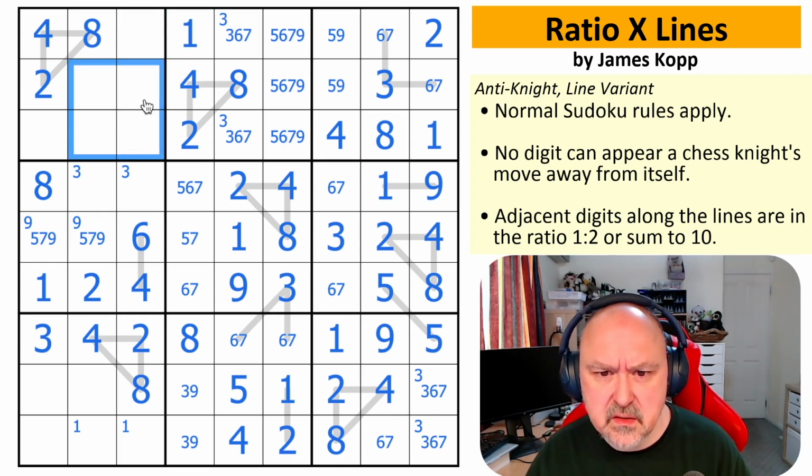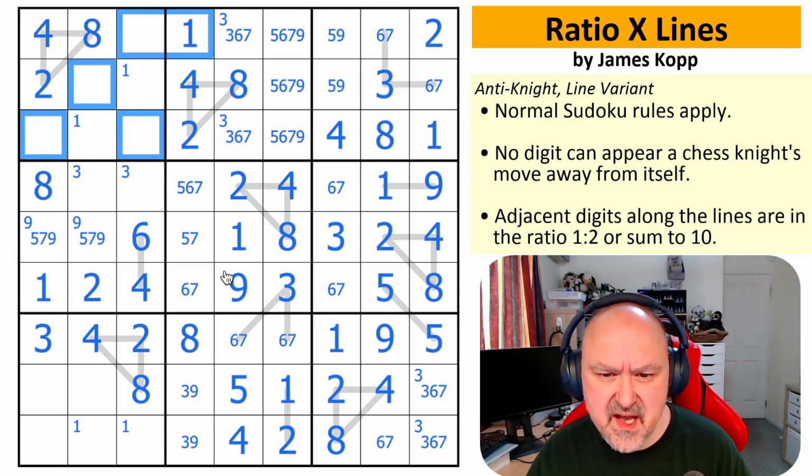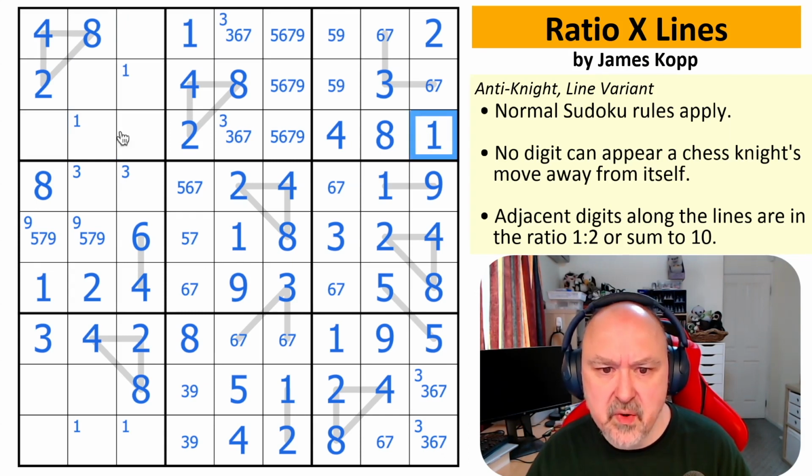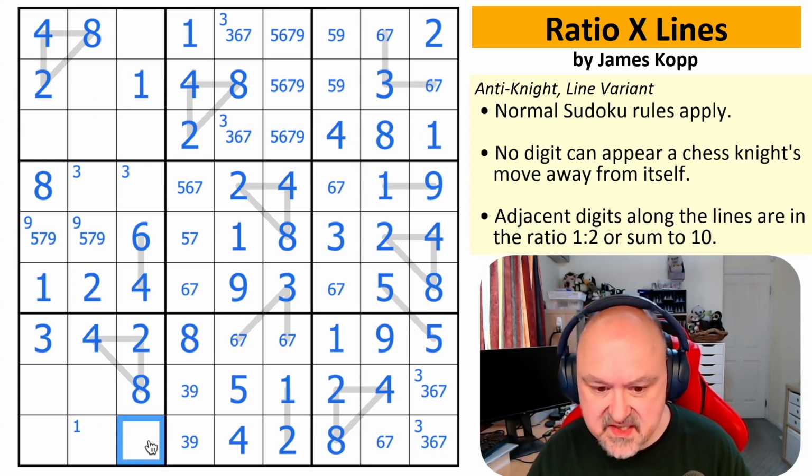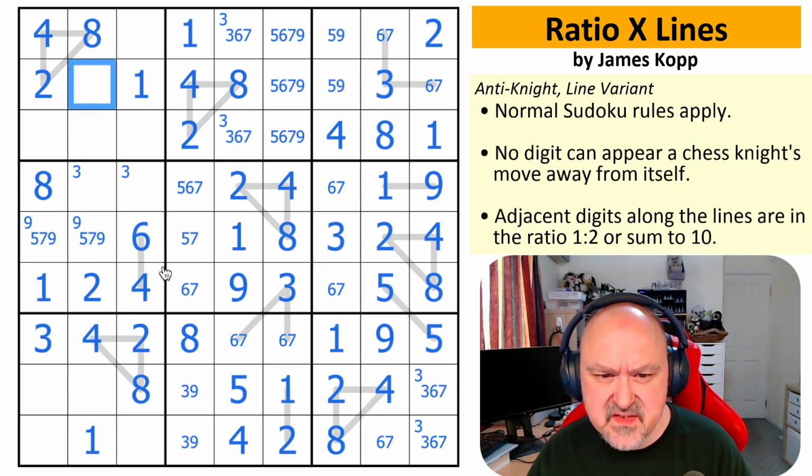So 1 is in one of those two squares, because this one sees those and that one sees that. No, that one sees that. That is the one. Give me the one. Which sees that, which places that one, and I think I now have all of the ones. So this is 5, 6, 7, 9.